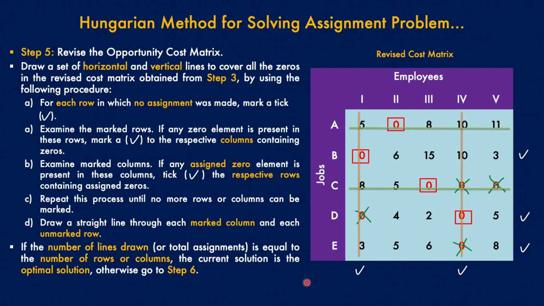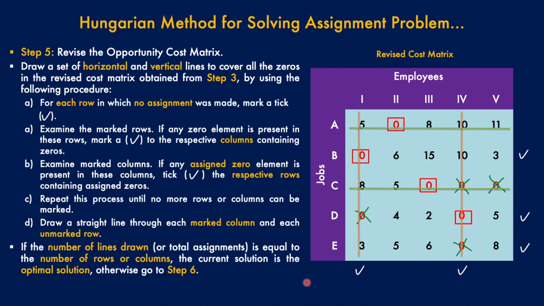Once we understand we have not obtained the optimal solution, then we will revise the opportunity cost matrix. The assigned cost matrix we will revise by inserting some vertical and horizontal lines. How will we draw these particular lines? For that, we have a particular procedure to mark these lines.